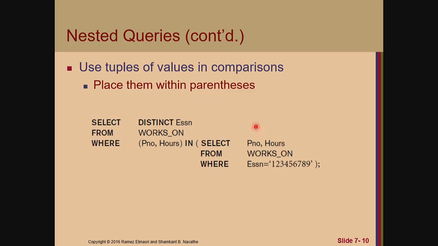The result will show P number and hours, and we just show the other persons who work on the same project as this man, right? Yep, this is an example of the nested query. A query inside the query. We call it a nested query.